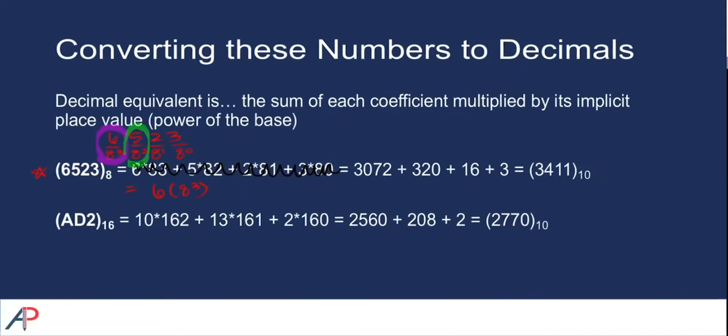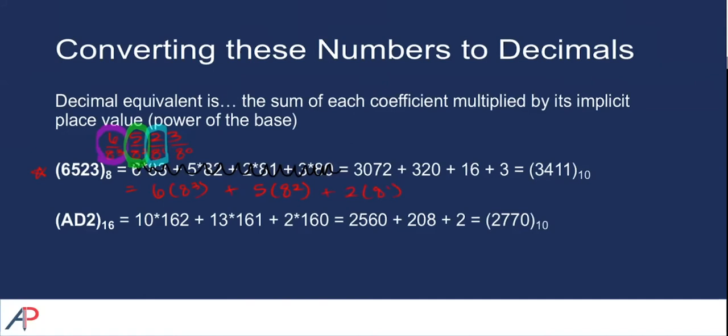Then we have the next place value, 8 to the second power, which has the value 5 in that position. So this would be plus 5 times 8 to the second power. In the next place value, we have 8 to the first power, which is 2 times 8 to the first power, because the value occupying that place value is 2.